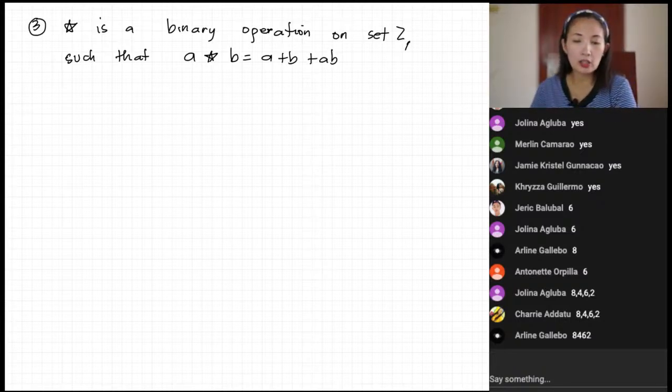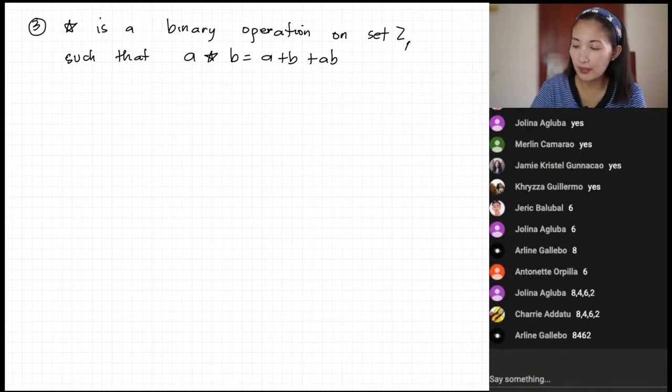Okay, so this is the meaning of the operation star. What does it mean? A star B means get the sum of the two numbers plus their product. The sum plus their product. Get the sum of the two, add it to their product, and that's A star B.